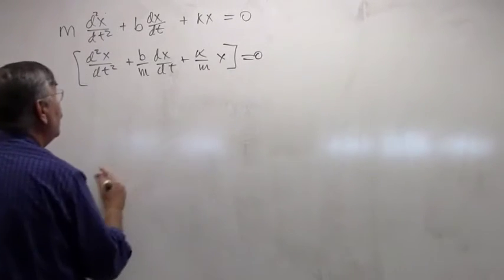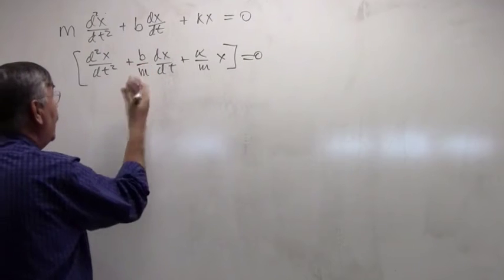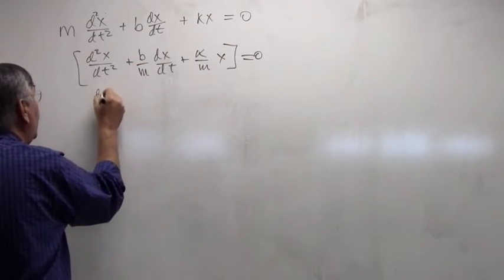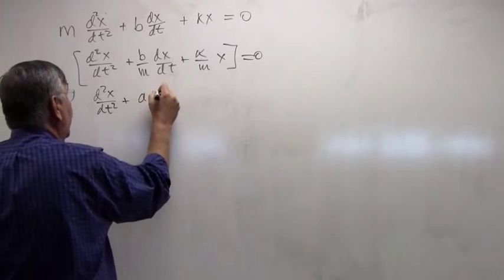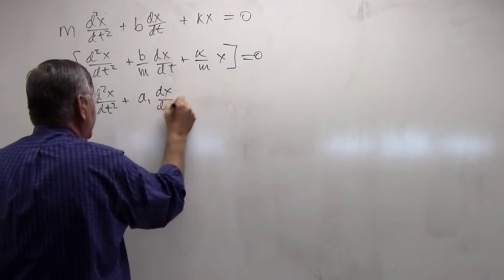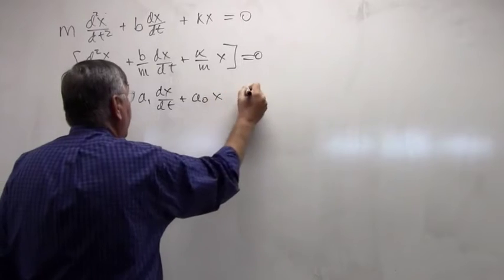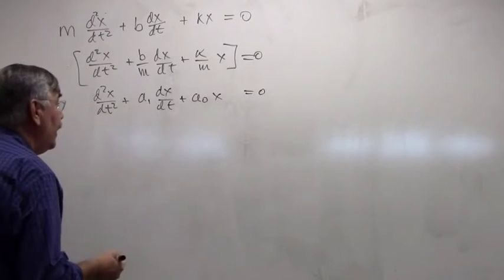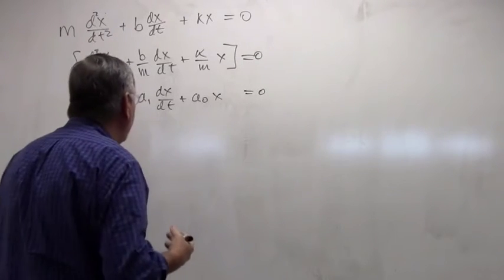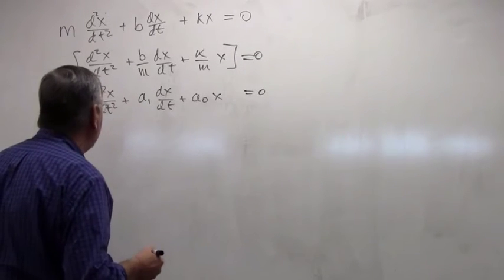Another convenient form is to call these constants a1 dx/dt plus a0 x, still equal to 0. I'm going to come up with yet another form in a minute. These are just different ways of writing this that make more sense in different applications.